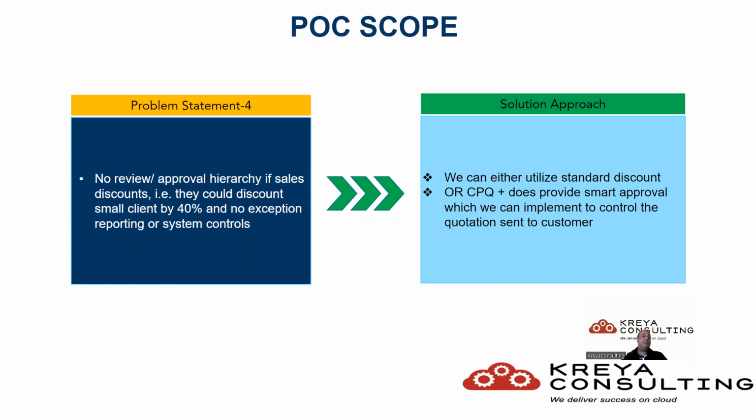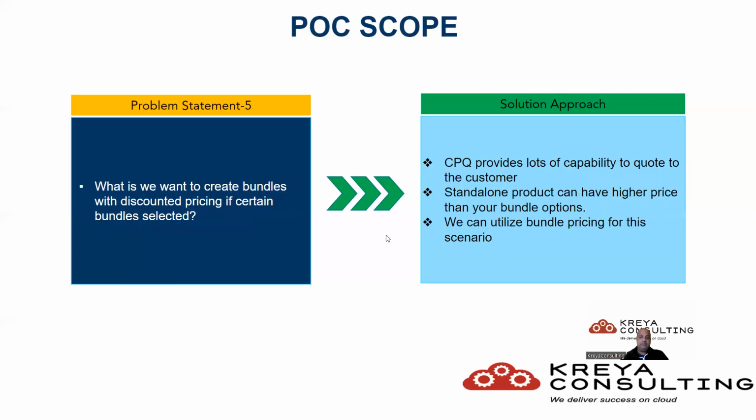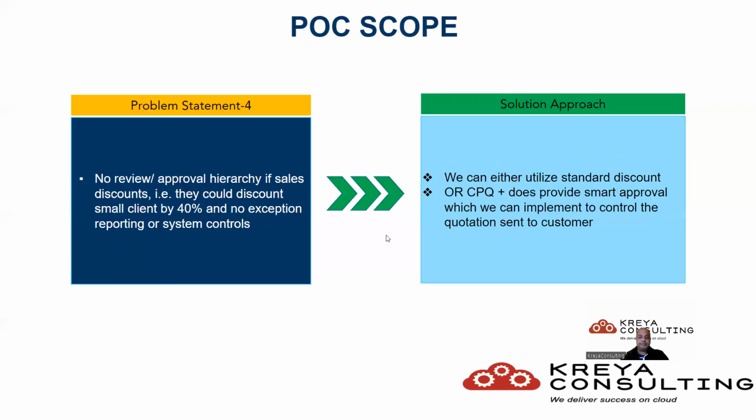One option is to put a validation. My solution approach could be done in a wide variety of ways. We can utilize either a standard discount or a smart approval, which can be implemented to control the quotation sent to the customer.